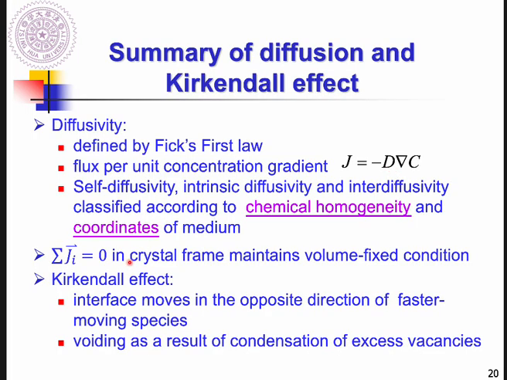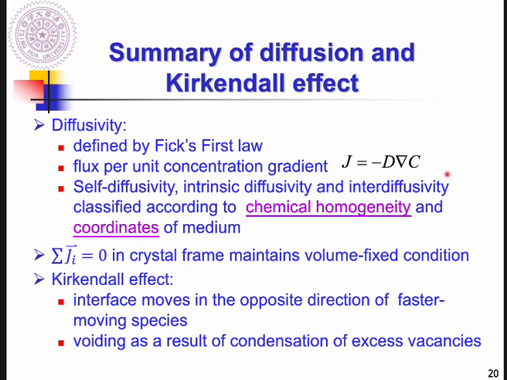And in order to interpret the Kirkendall effect we are interested in, we need to learn three different diffusivities, classified according to different chemical media and also different coordinates. The most important diffusivity we care about is the interdiffusivity. But in order to calculate or estimate the interdiffusivity, you need to learn what the intrinsic and self-diffusivity are.